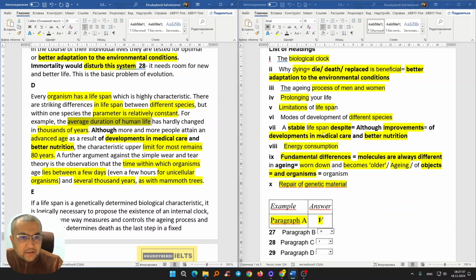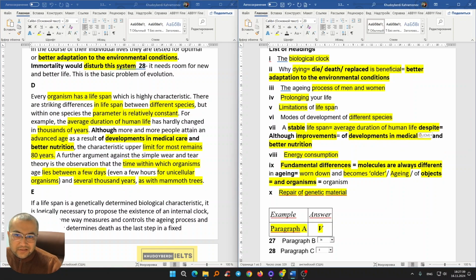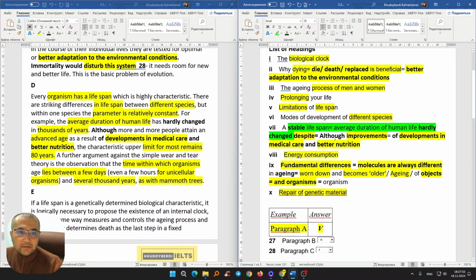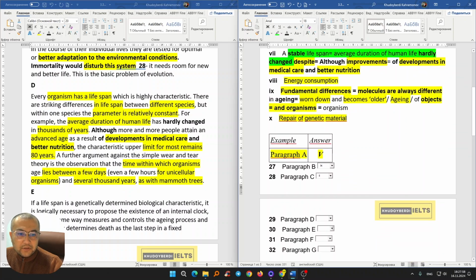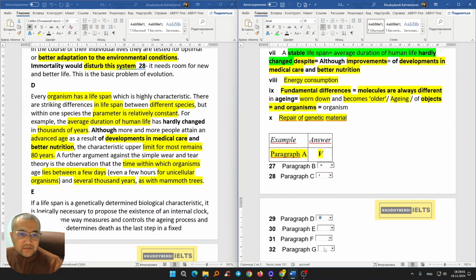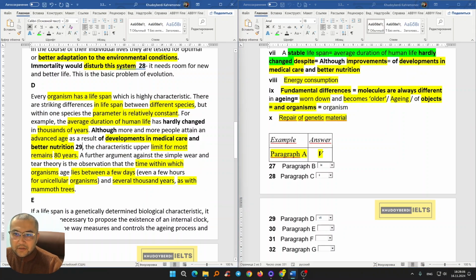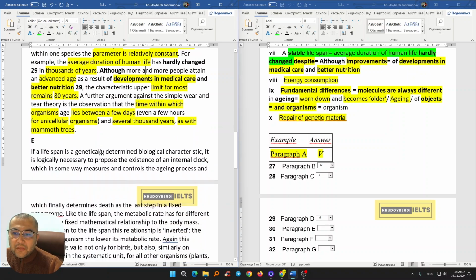This is kind of stable lifespan, right? So it's stable because hardly changed. That's why it's talking about stability, right? So let's just make it green highlight, and this is the reason why it's going to be number 29. Let's write it down here, 29 here. Okay. The next one.